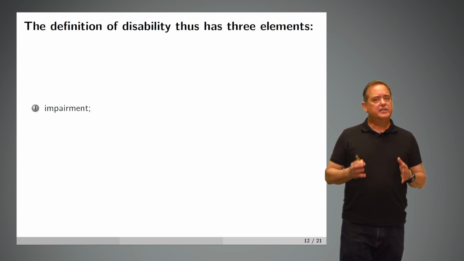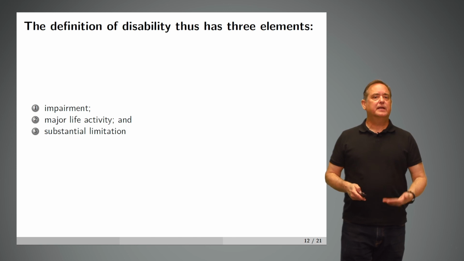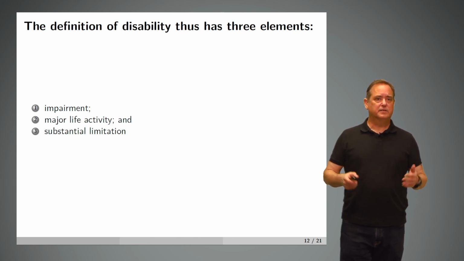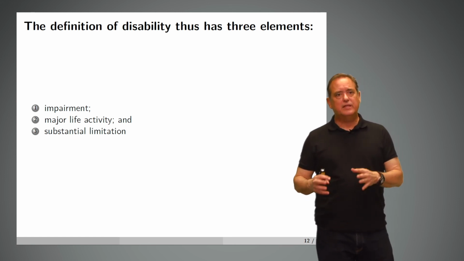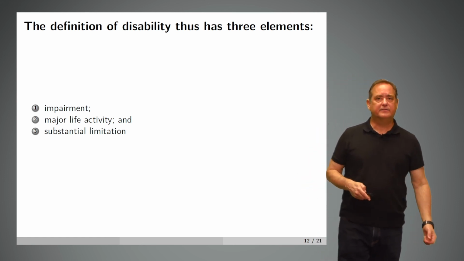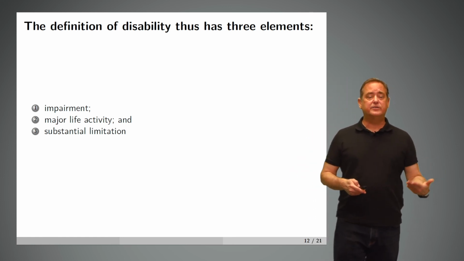So the definition of disability, therefore, has these 3 elements: impairment, major life activity, and substantial limitation. An impairment that substantially limits one major life activity. And historically, there was a lot of analysis that went through each of these.